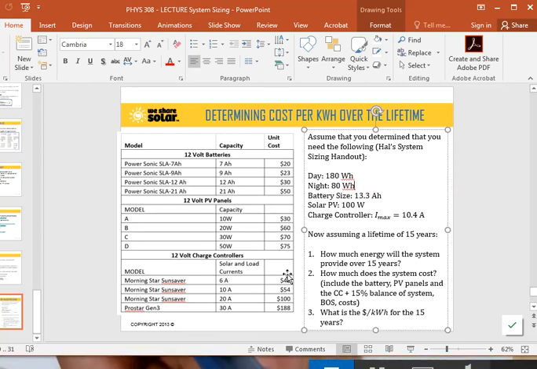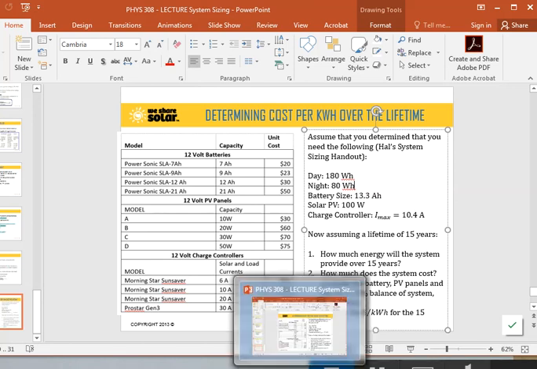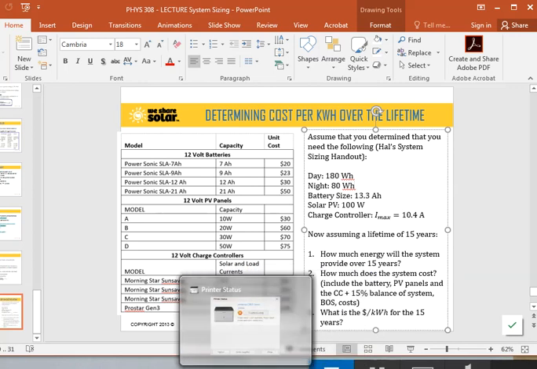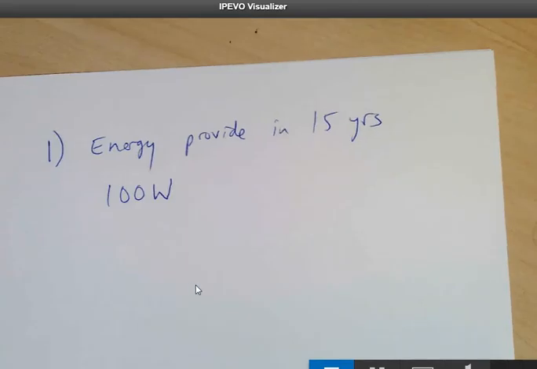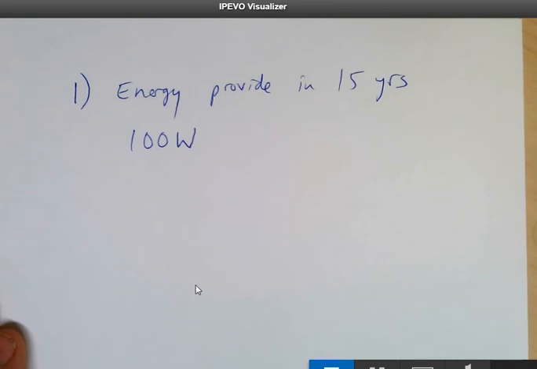One thing I notice is that 100 watts is basically the average amount of power being produced day in and day out. In other words, it's as if the solar panel was producing 100 watts 24 hours a day.